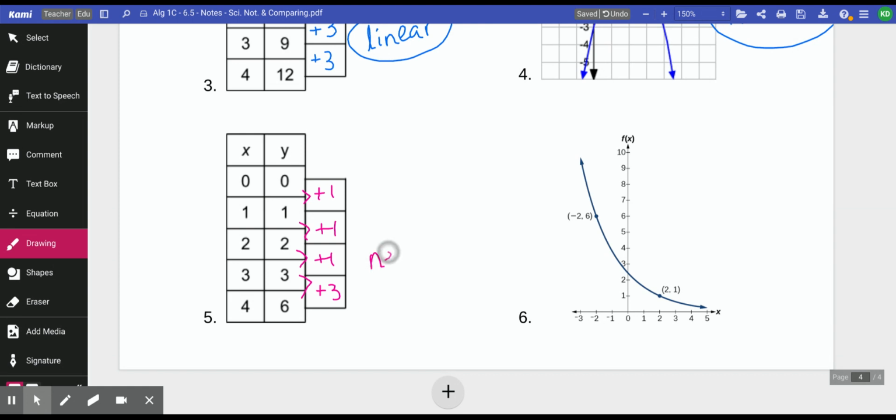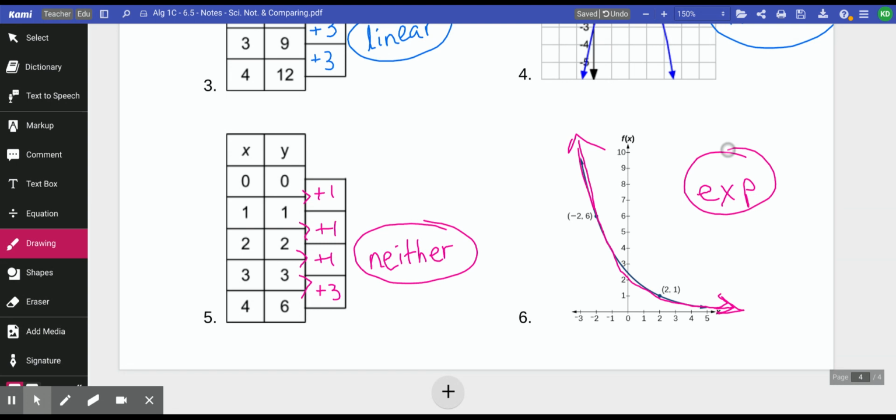So this one is also a neither. So we have to look and make sure that pattern works for all of the table, not just some of it. And finally here we have a curve. We have it approaching 0 on one side, right? See, it's approaching 0 on the right here. It's definitely not linear. This is an exponential graph. So this one is exponential. And that's your notes for today.